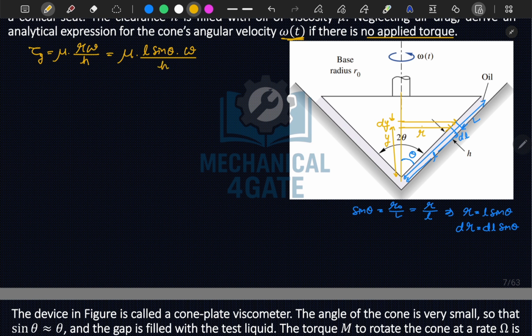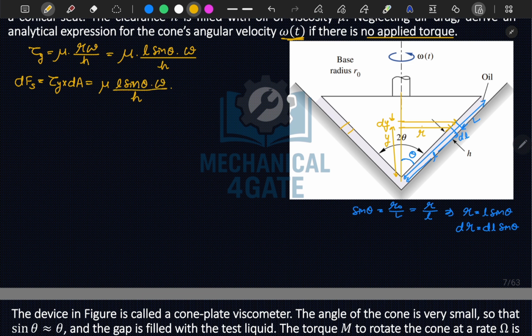If I want to write the elemental force on this element, which will be in a circle all around, I can write it as tau times dA. And your tau is given by mu times l sin theta times omega divided by h, times dA.